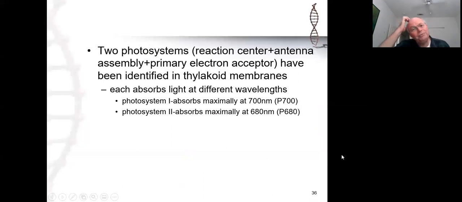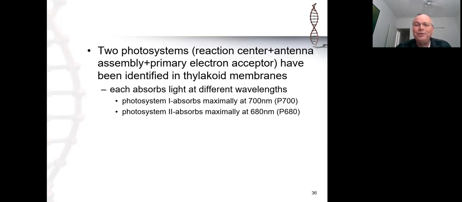So when we think in terms of the two photosystems, we have photosystem 1, often referred to as P700, because its reaction center absorbs light best at 700 nanometers. And then ultimately a second photosystem was identified, and it's referred to as photosystem 2.